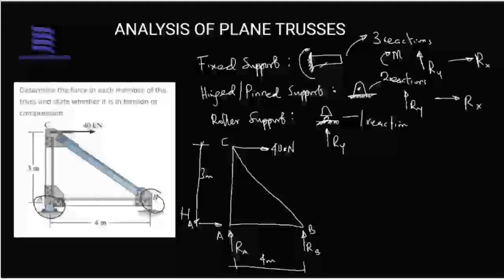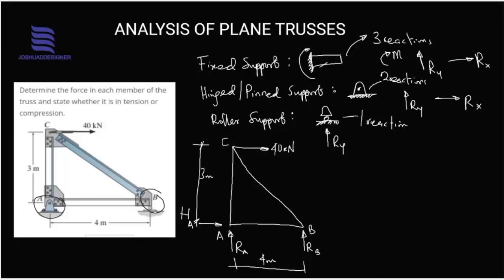Establishing the three equations of equilibrium: the summation of upward forces will be equal to 0, the summation of moments about a point will be equal to 0, and the summation of horizontal forces will be equal to 0. So the three equations of equilibrium would help us through at this stage.